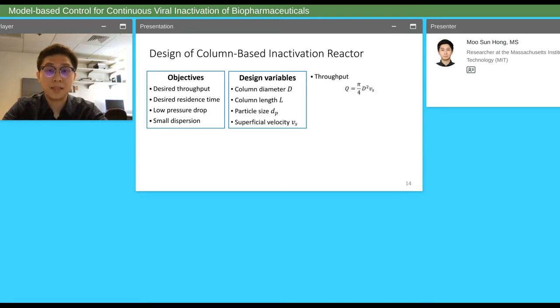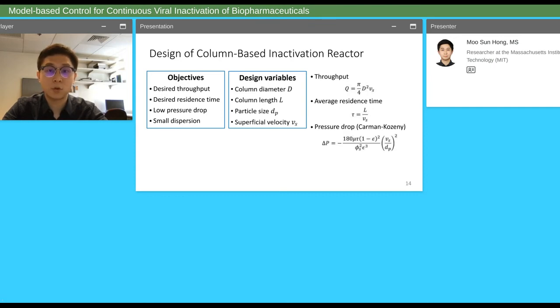In a column-based design, throughput is scalable to the diameter of the column, so this variable is not independently adjustable. Having a fixed average residence time also relates column length and superficial velocity, so we can consider column length to be fixed as well.